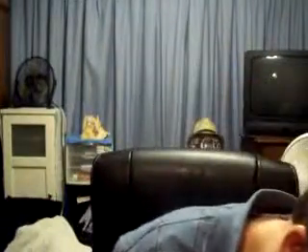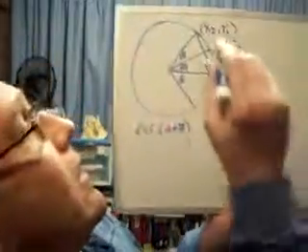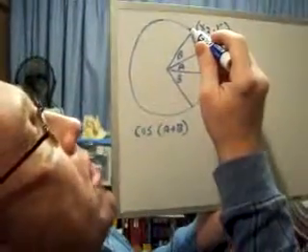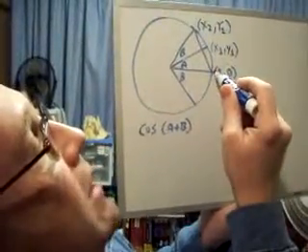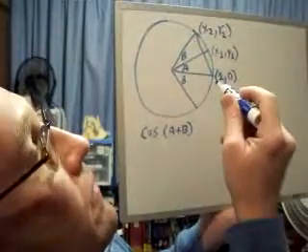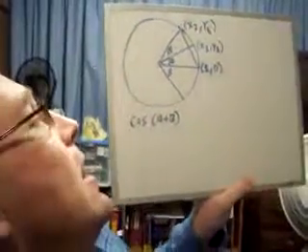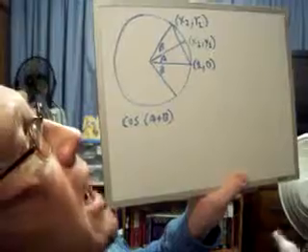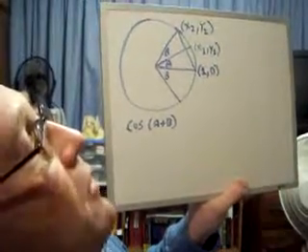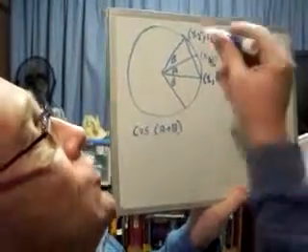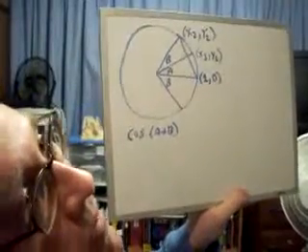Well, then you have something called a chord. The line that connects this point up here with this point down here is called a chord. In some previous videos I talked about Ptolemy's table of chords. Well, this is one of his chords. That's what that is.